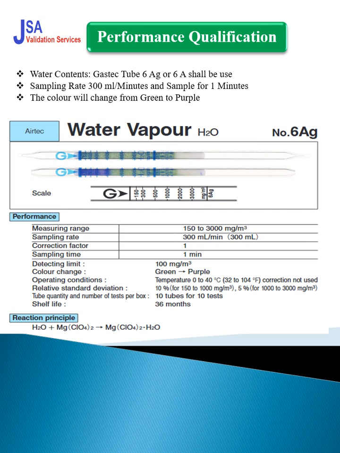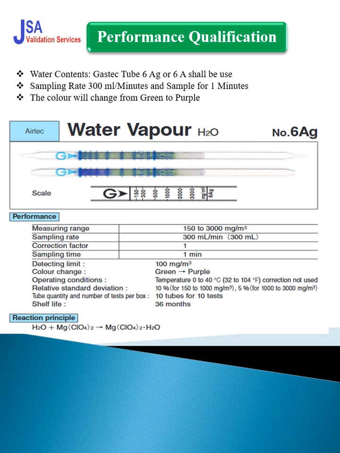So if we are using a refrigerant air dryer, we can use the 6AG. There are two tubes basically that we are using, 6AG and 6A. The only difference is in the range of the water contents. 6AG has the higher range, 150 to 3000 mg per meter cube, because if the water content is more than 150 mg per meter cube, this tube can be used.